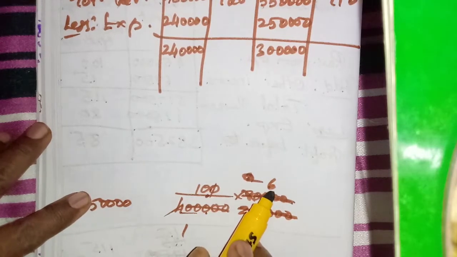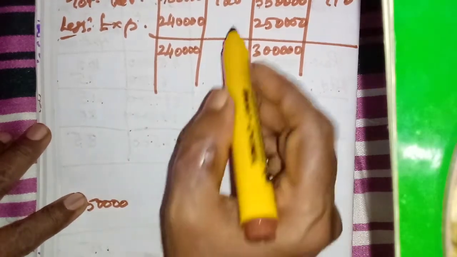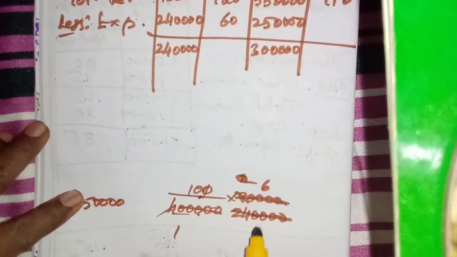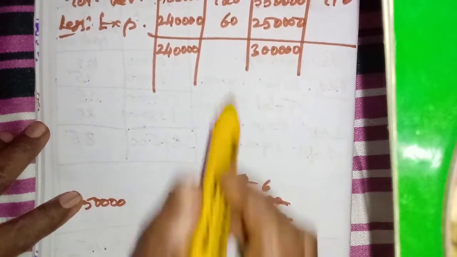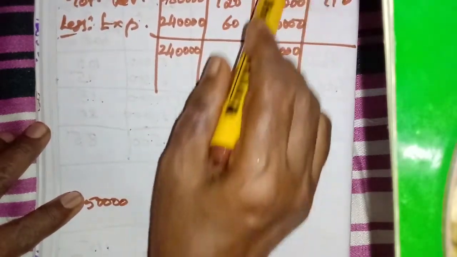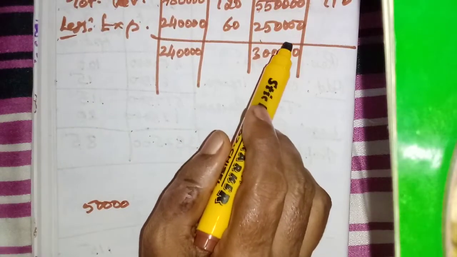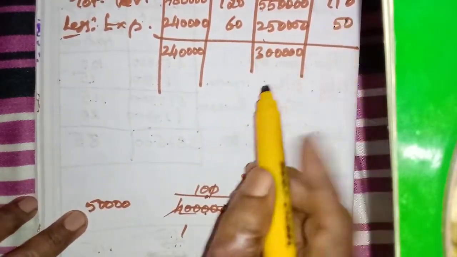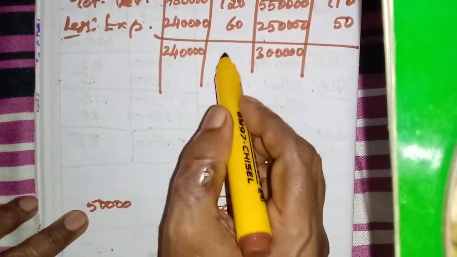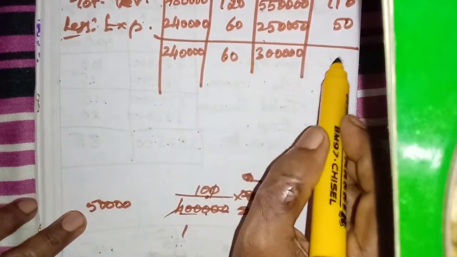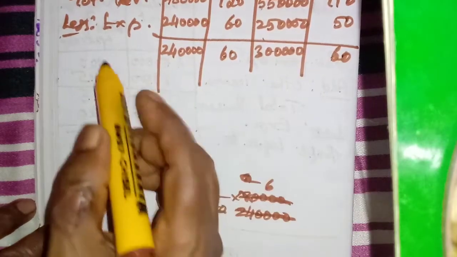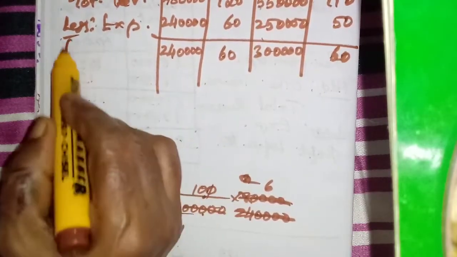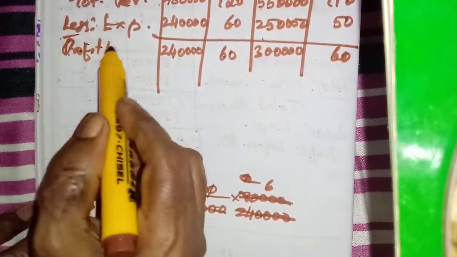Correct only? Okay, 60. Then here, if it is 5 lakh 100, then half of 5 lakh only 2,50,000, isn't it? So we can write 50%. Okay, now you less 60, 60. What is this? Profit before tax.